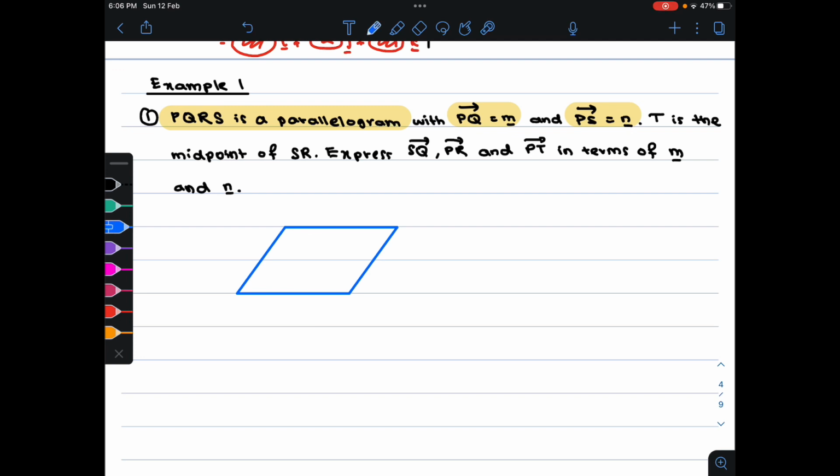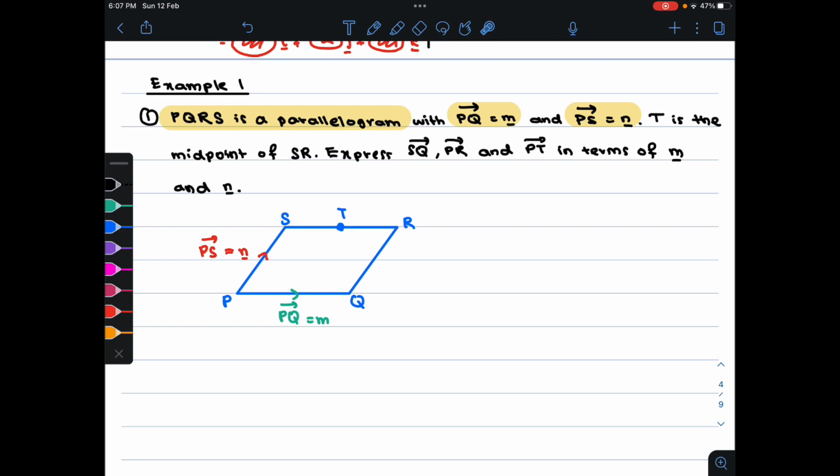Say for example, I want to do it like this. We know that PQ is vector m and PS is vector n. Next, T is the midpoint of SR. So SR is here, and T is the midpoint so that the distance between ST and TR is the same.